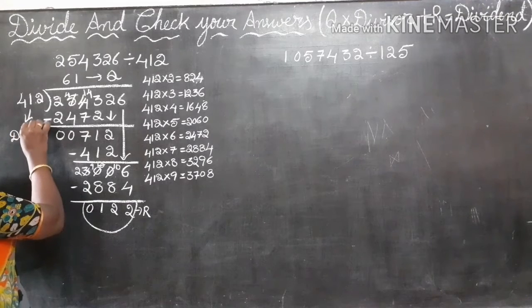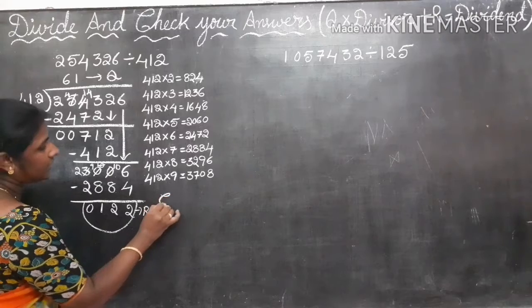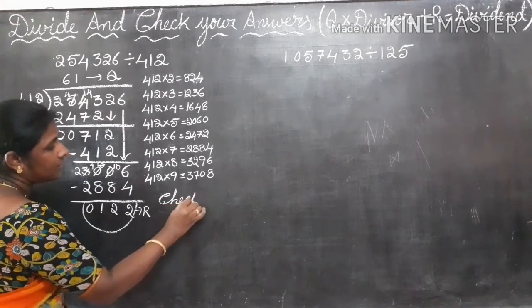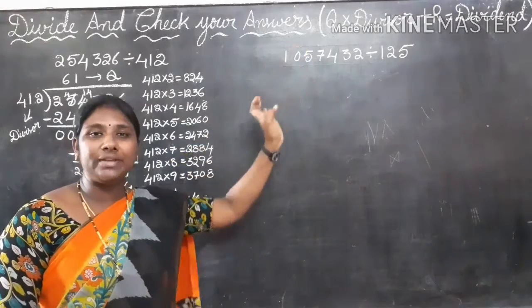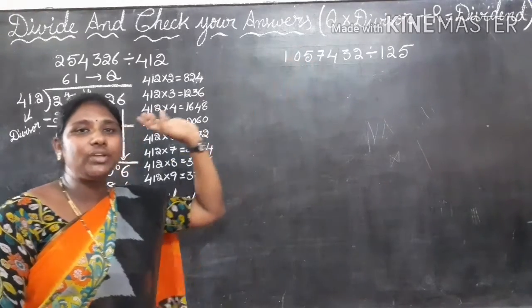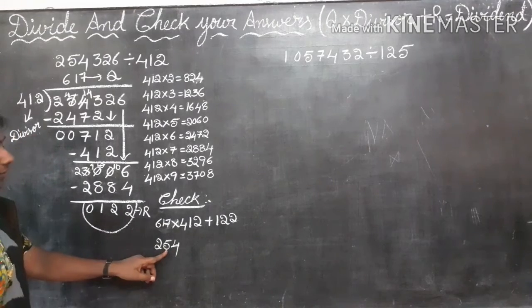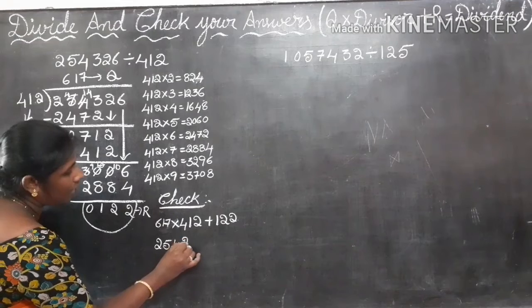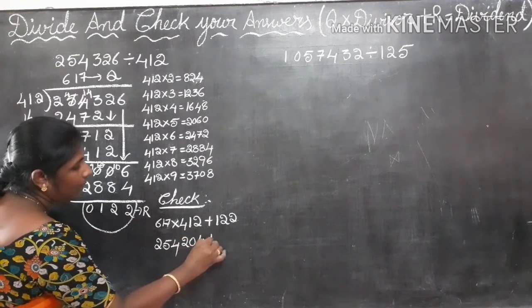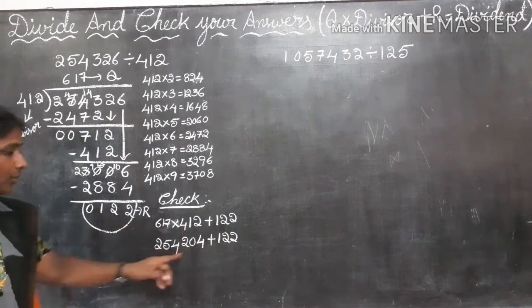412 is the divisor. So what is the check for this? Same. What is the check? Quotient into divisor. What is the quotient here? Yes, 412. 22,54,204 plus 122, the remainder 122. So we have that.